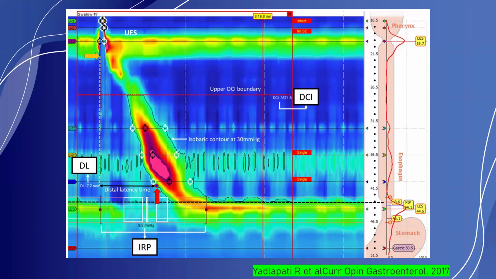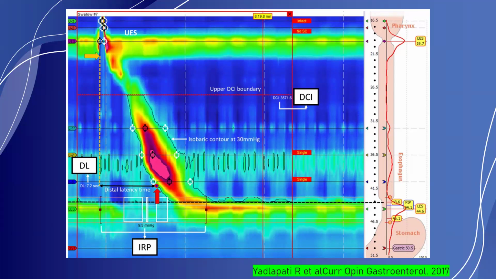Over here the distal contractile integral quantifies the esophageal contraction, and it is calculated from the pressure, duration, and length of the distal esophageal contraction above the 30 mmHg isobaric contour. Then we have the distal latency, which measures the timing of peristalsis.